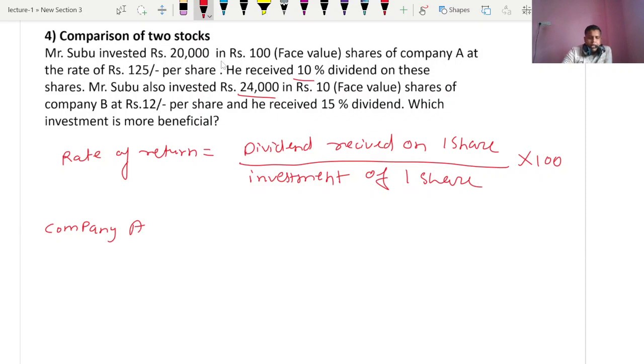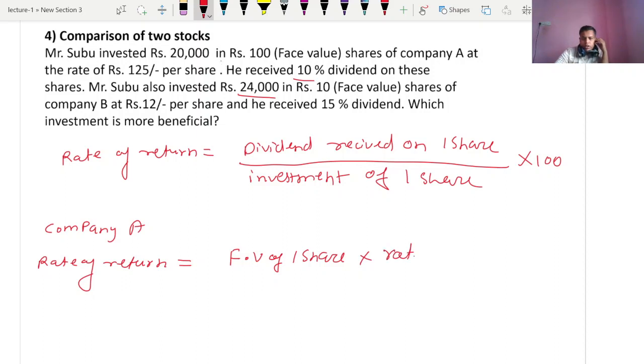So for company A, we have to find out the rate of return. The rate of return is equal to the dividend received on one share, which we have the formula for: face value of one share multiplied by rate of dividend.